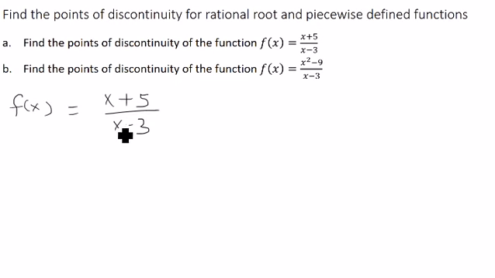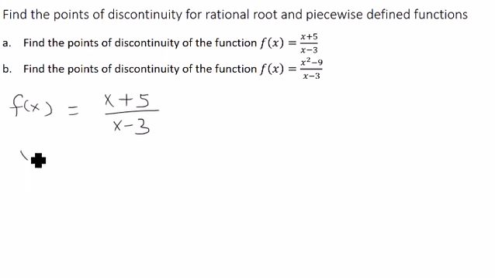So again, we don't want the 0 in the denominator. That's the number one priority, and the other thing we don't want is the square root of a negative. We don't have a square root here, so we don't have to worry about that, but we do have the denominator, because this is a rational function.